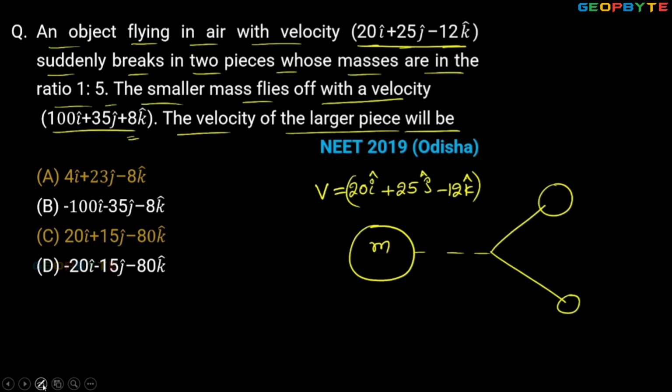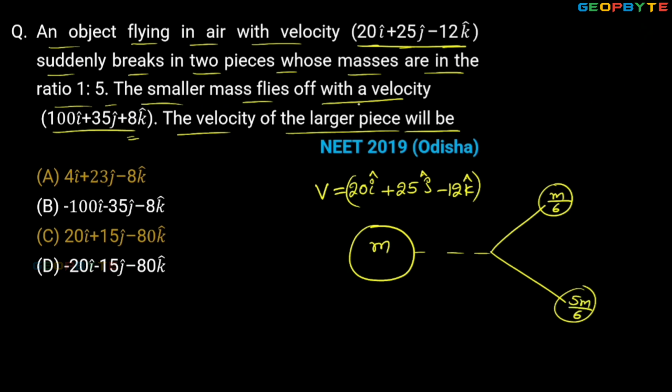Among the two particles, the masses are in the ratio 1:5, which means this is m by 6 and this is 5m by 6. That summation must be equal to m.